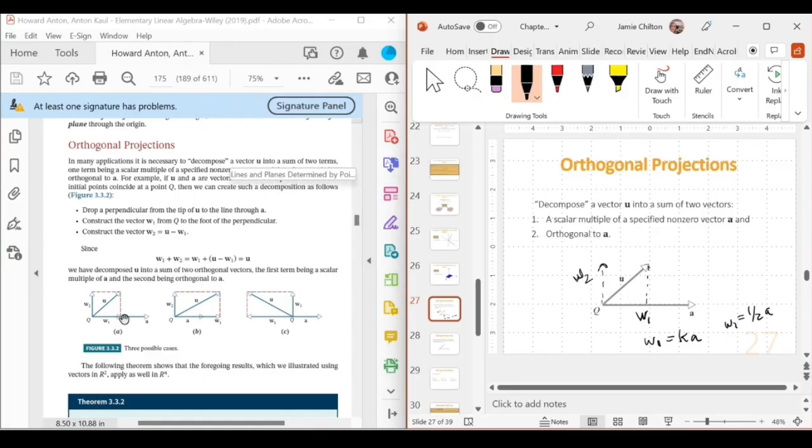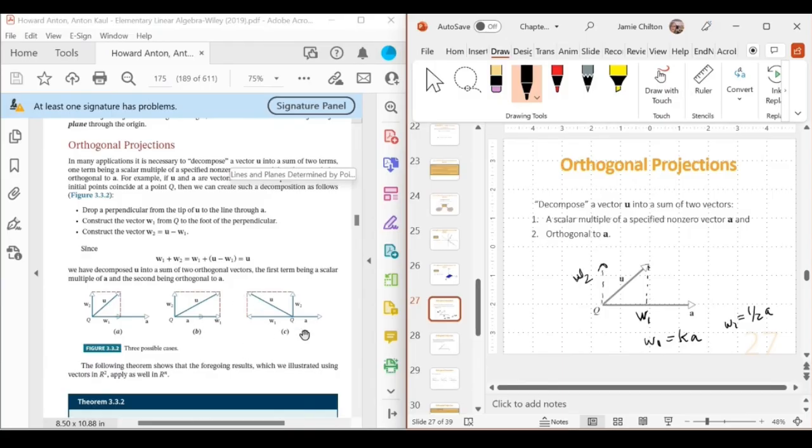Here, in this first picture, if you drop from the tip of u straight down to the line through A, W1 is roughly half A. Here, if we have this longer u and we drop it down, W1 would probably be about 2A.